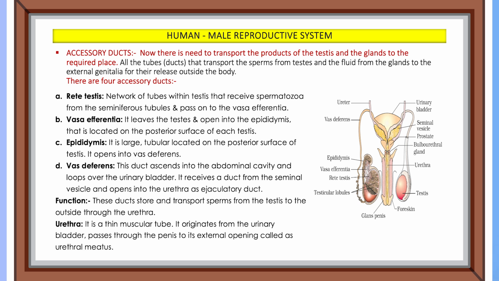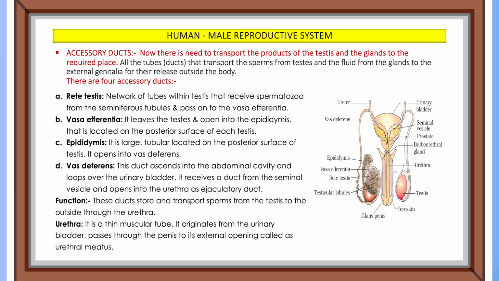The vas deferens ascends up into the abdominal cavity, loops over the urethra, and then joins the duct from the seminal glands here, and opens up into the ejaculatory duct. The function of these ducts, the rete testis, the epididymis, the vas deferens, is to transport the sperms from the testis to the required organ.